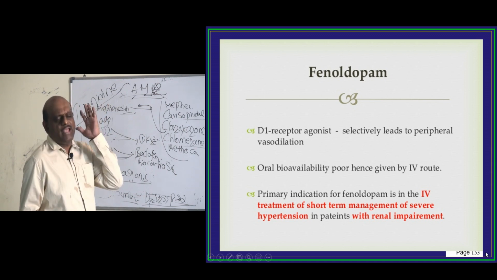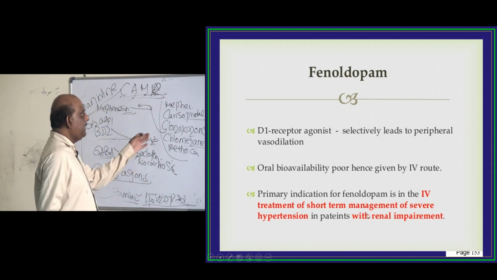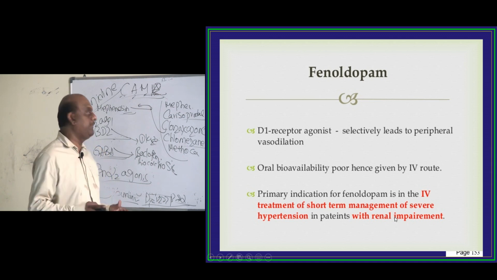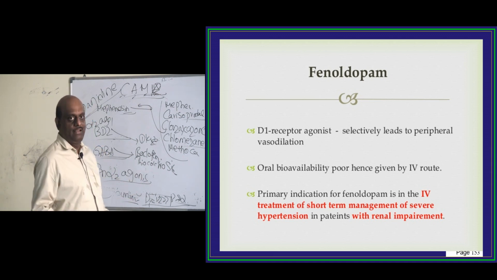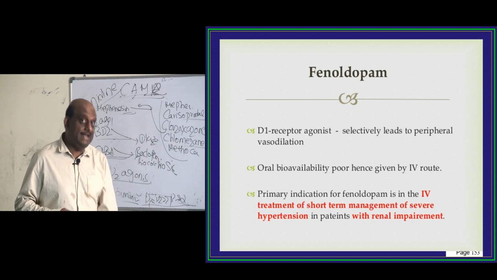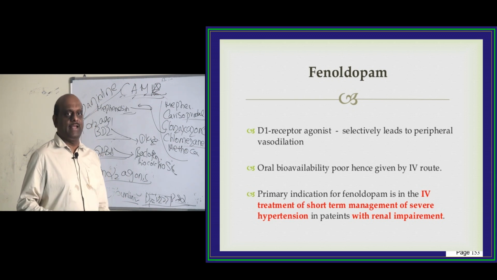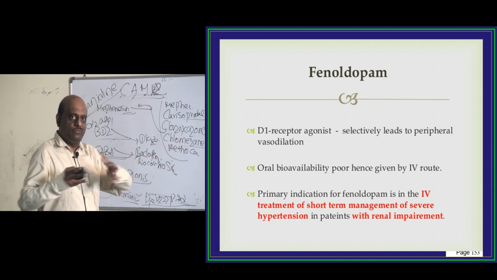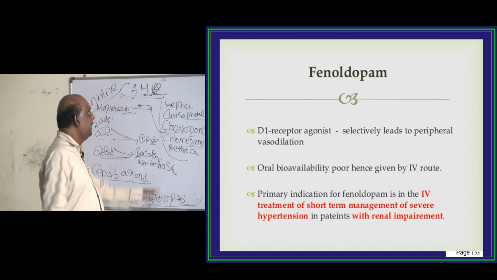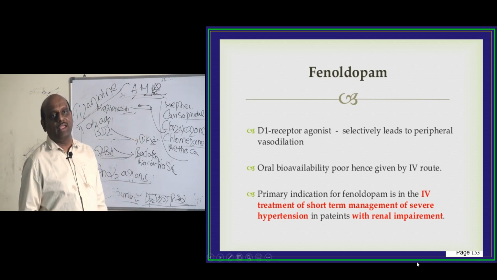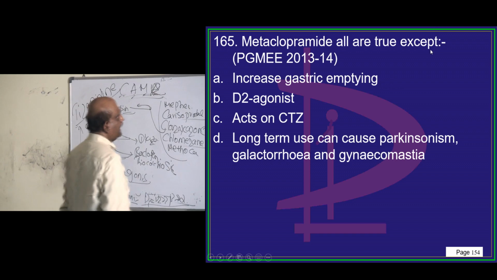The main indication for fenoldopam is short-term management of severe hypertension, especially in a patient who has renal impairment. In severe hypertension, you want peripheral vessels to vasodilate and bring down the BP, so you use fenoldopam, is what you need to remember.